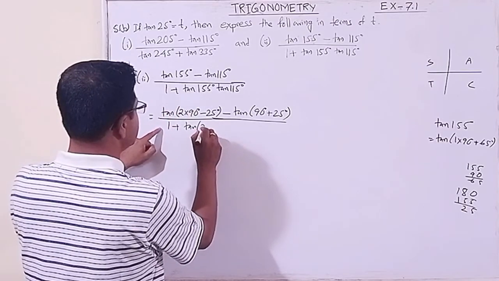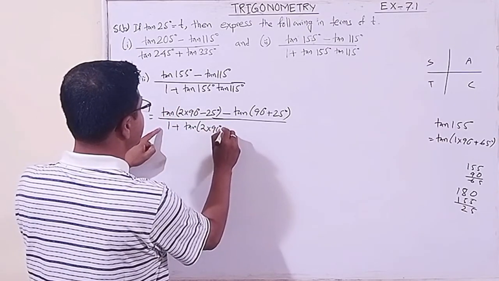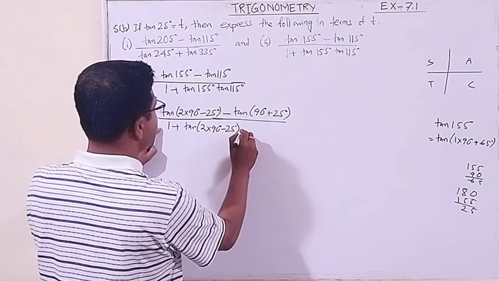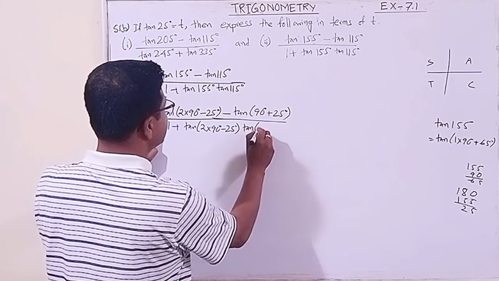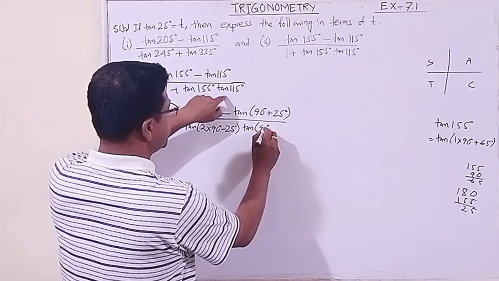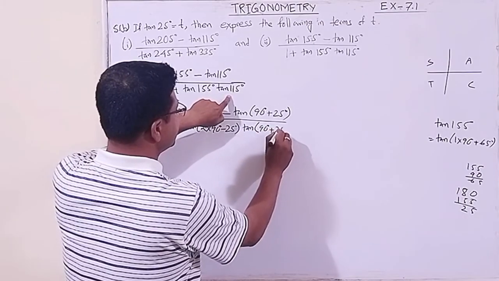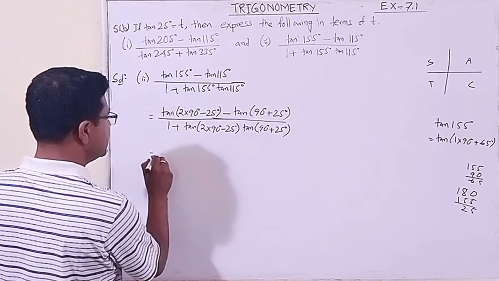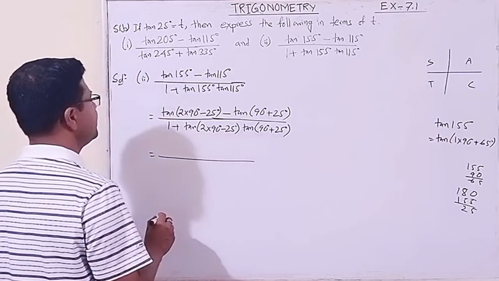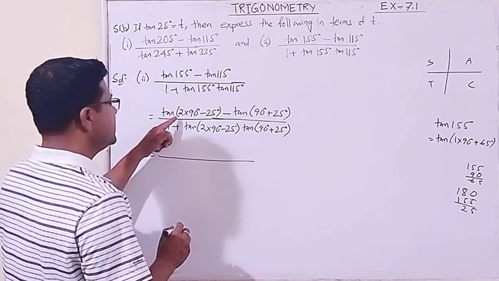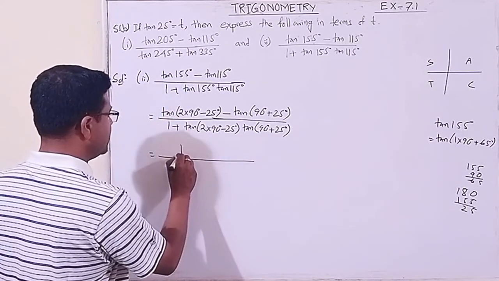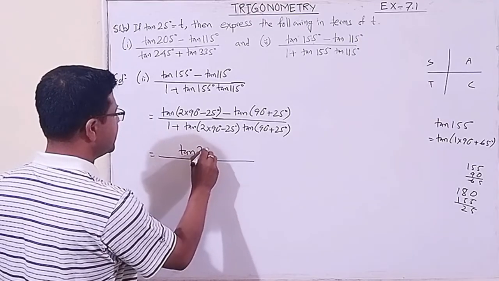From here you can check, 2 into 90 minus 25. This 115 means 90 plus 25. Here this is an even multiple of 90, so obviously it will be tan 25 degree.